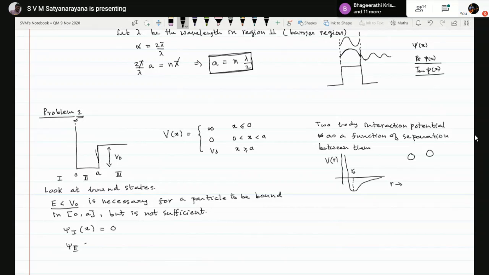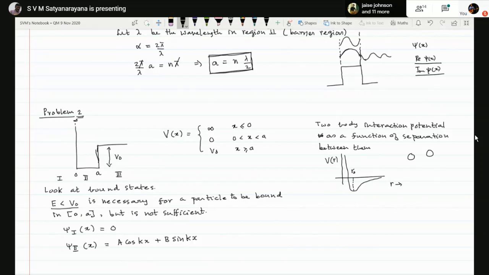Now psi 2 of x, since E is greater than 0, I have A cos kx plus B sin kx. Now you could have written A e to the power ikx plus B e to the power minus ikx.